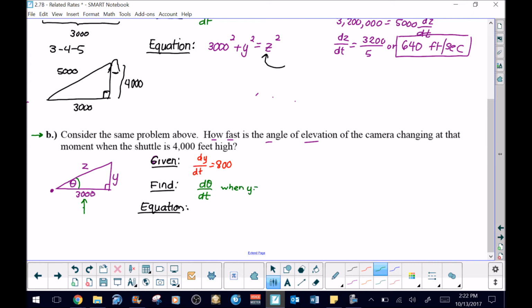Now, like I said, from part A you had information about z, but pretend that we didn't. I think it will be very clear that we want to utilize these 2 values, opposite and adjacent, which would be the tangent. So that's our equation: the tangent of theta is equivalent to opposite over adjacent.